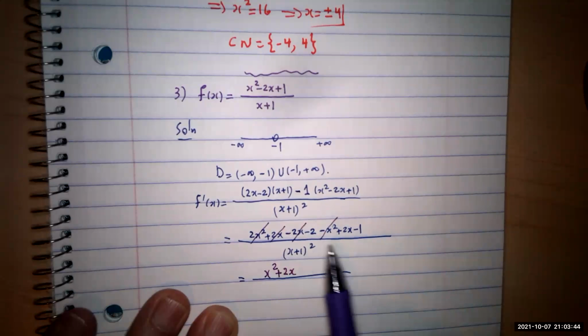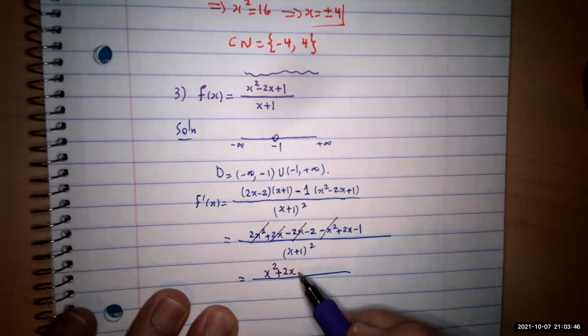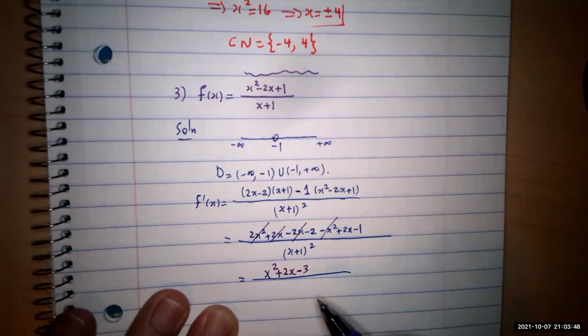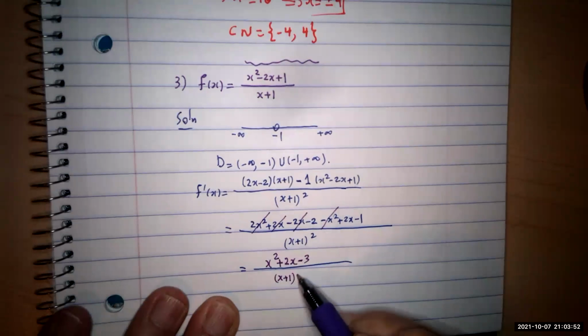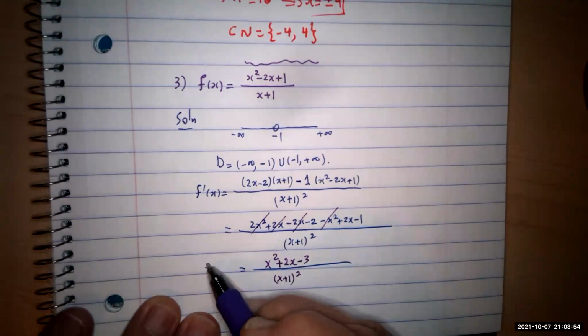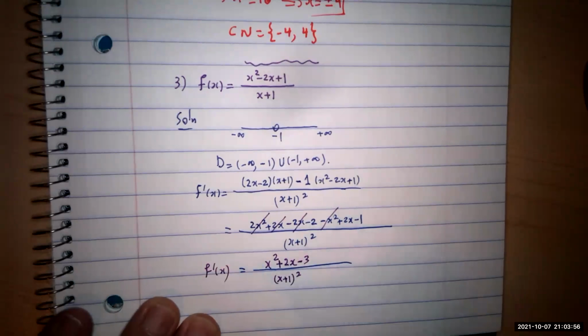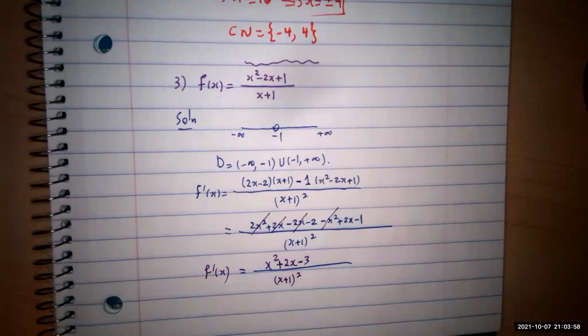And the numbers are negative 2 minus 1, which is negative 3, divided by x plus 1 all squared. So this would be f prime of x. When it's a rational function, be patient and carefully differentiate it.